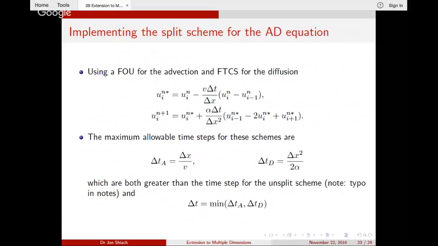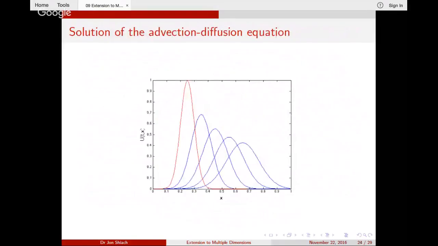And if it's not stable for both terms, it's unstable. Okay, it says typo in notes. I think I might have fixed that. No, fix that. Don't worry about that.